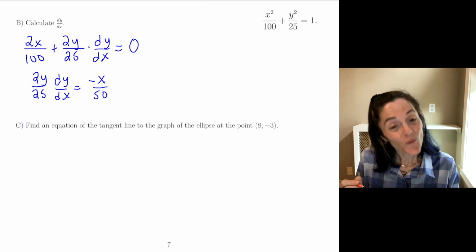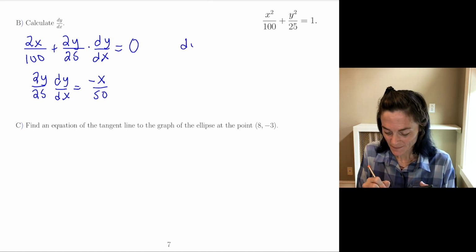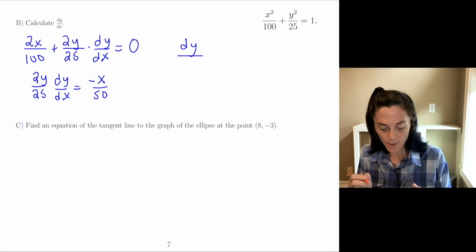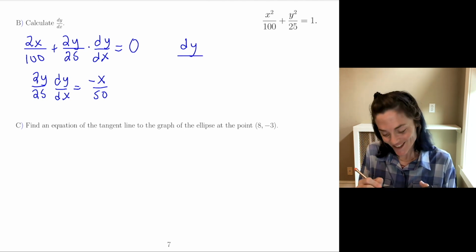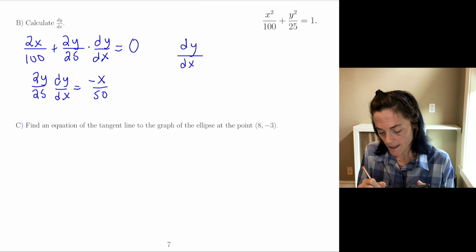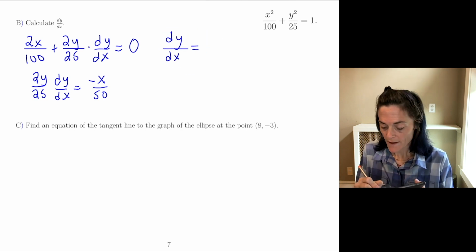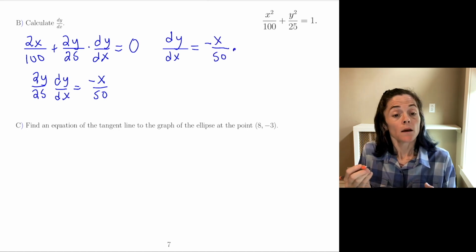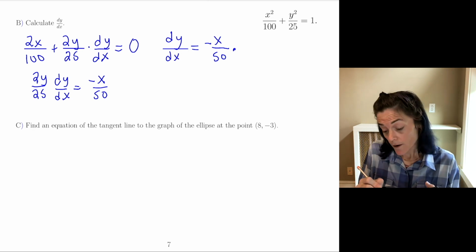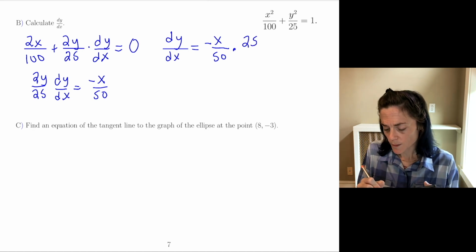And one more step. We can divide both sides by 2y over 25. dy/dx will equal minus x over 50. Let's see, dividing by 2y over 25 is the same as multiplying by 25 over 2y.